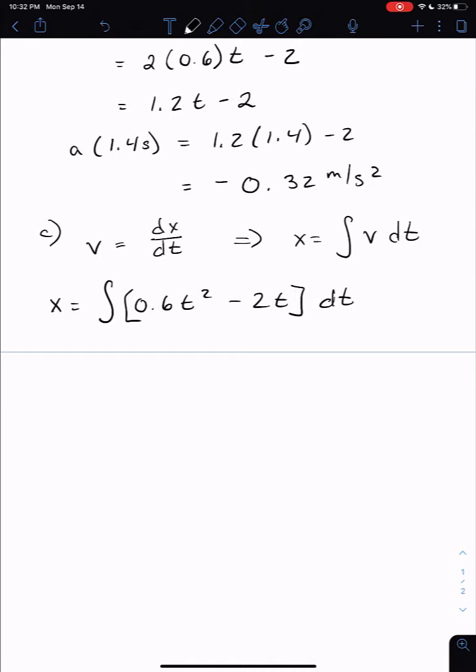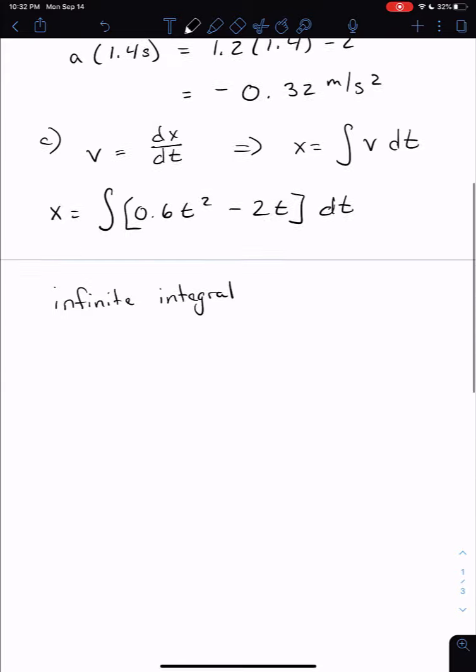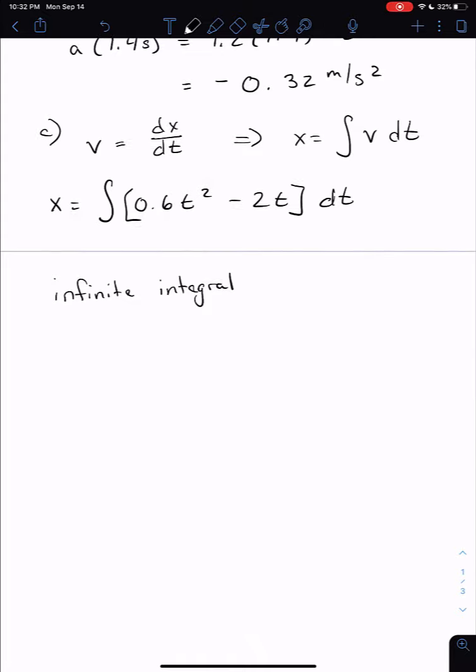So either are reasonable ways to do this. I'm going to focus on the indefinite integral version, because this is something that I know will always work.